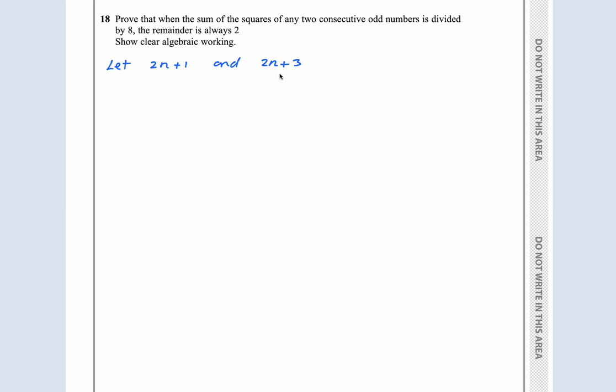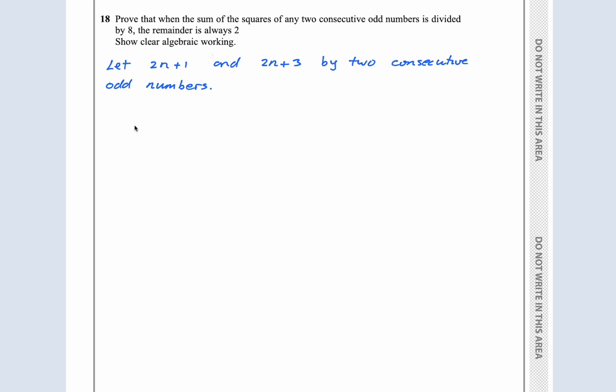So let this and this be 2 consecutive odd numbers. Okay, it says prove when the sum of the squares is divided by 8, the remainder is always 2.